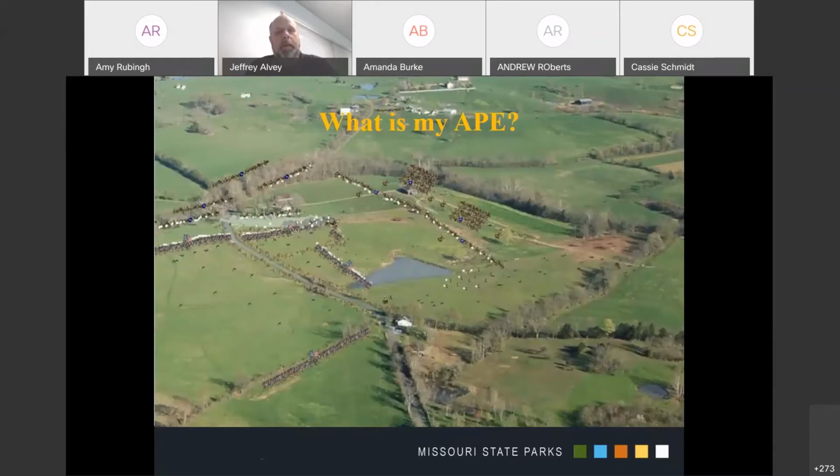So with your APE, again, you have to expand beyond the immediate footprint of that road, and you have to think of things like auditory impacts, vibrations, and other kinds of impacts that are indirect from that road. And therefore, again, you're defining your APE based on the area of all of these possible effects. You're not just constrained to the area of direct effects.